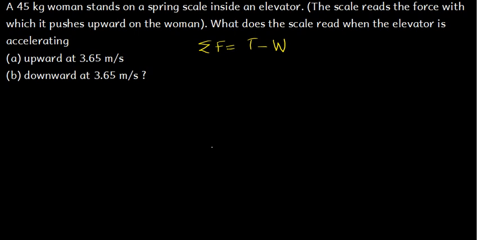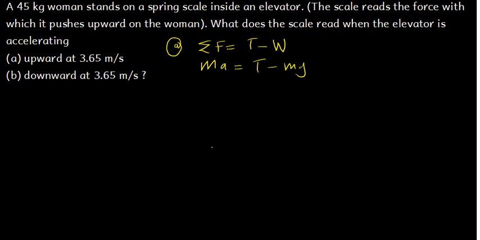Now for the first case A, it accelerates upwards at 3.65. So when it is going upwards, that means the acceleration is going to be positive. So that is mass times the acceleration, which is positive acceleration, is going to be tension minus the weight, which is mg.